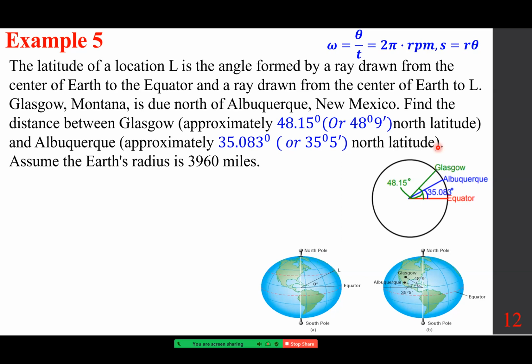So the best course of action is to look at the central angles between the two cities, meaning the difference between the two angles, and we're going to keep it in degrees. We're not going to use the minutes, and then we're going to change the degrees to radians. Remember that. First and foremost, the difference in latitude is the difference in their angles.